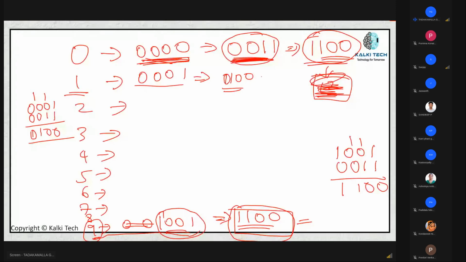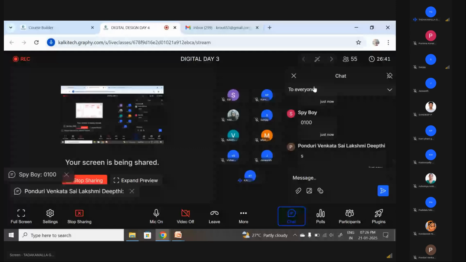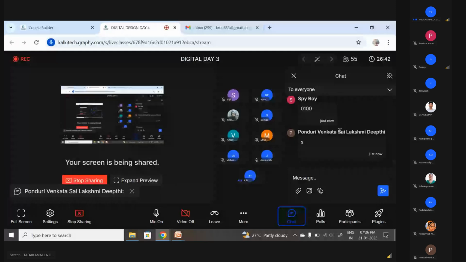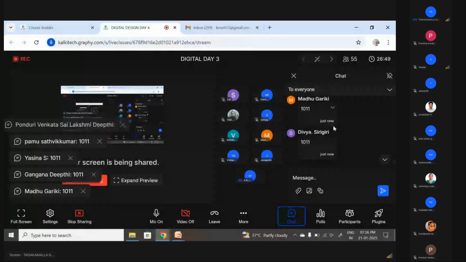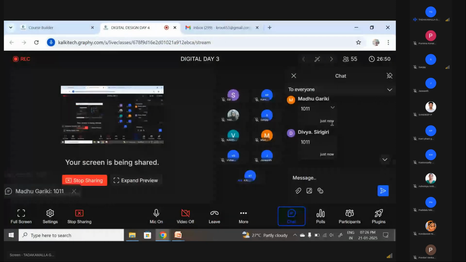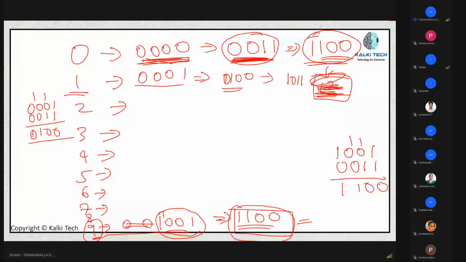And if you do the complement, what is the answer you're getting? 1011. All of you getting this? Now take the XS3 code of 8. First, what is the binary representation of 8? 1000.